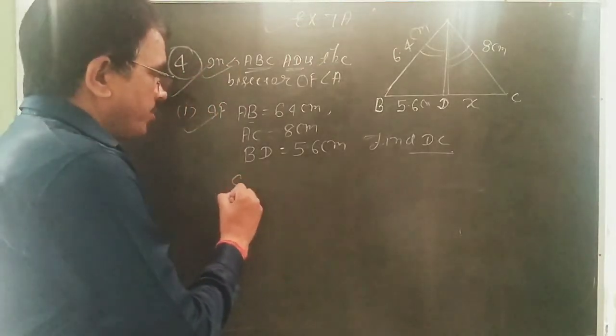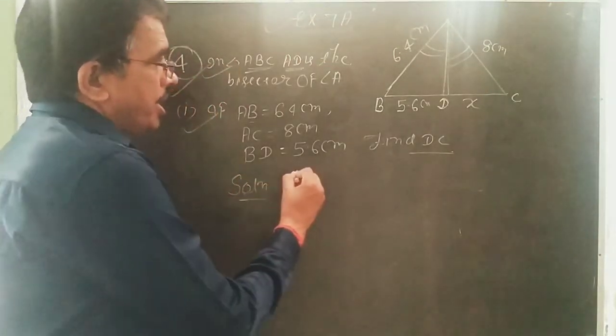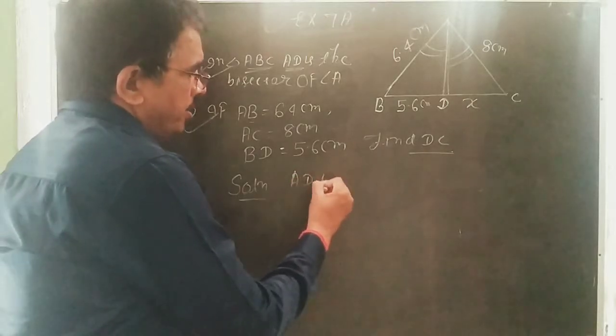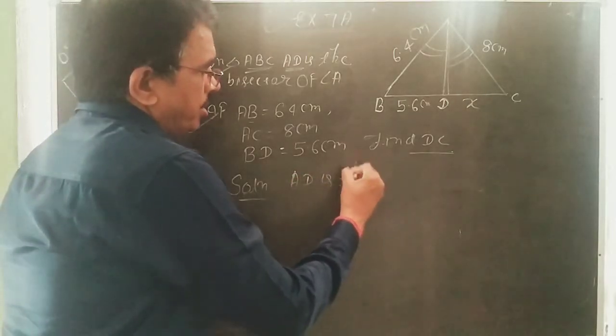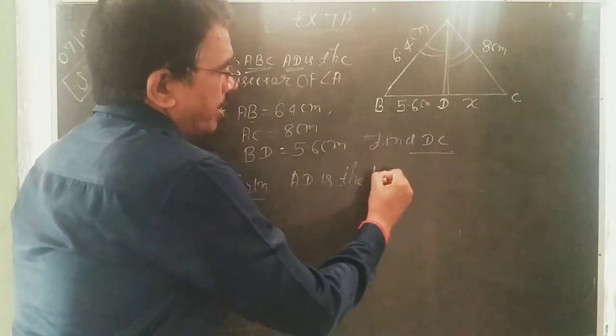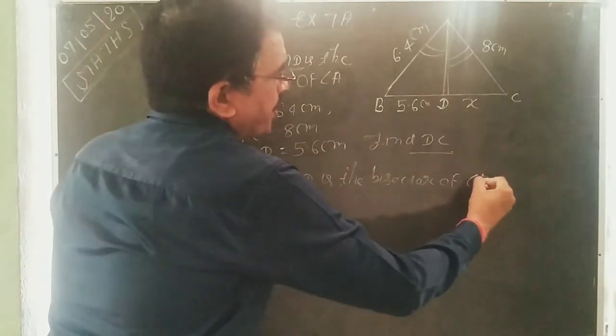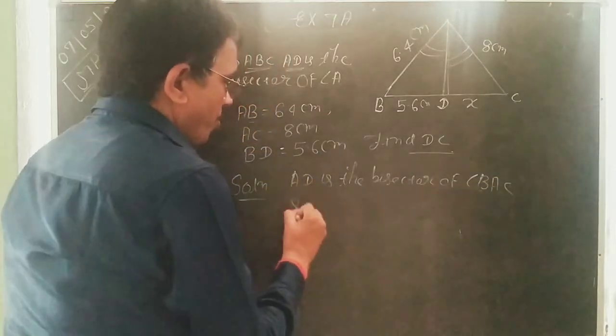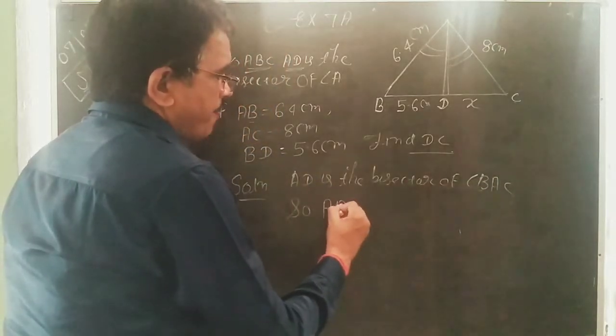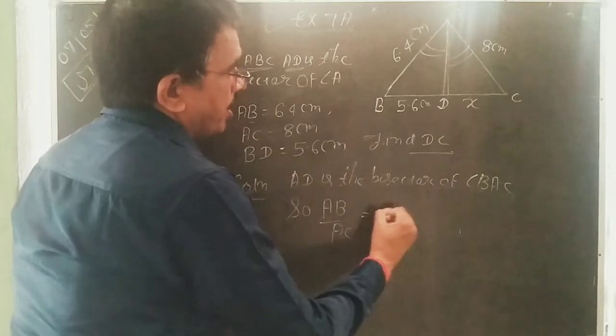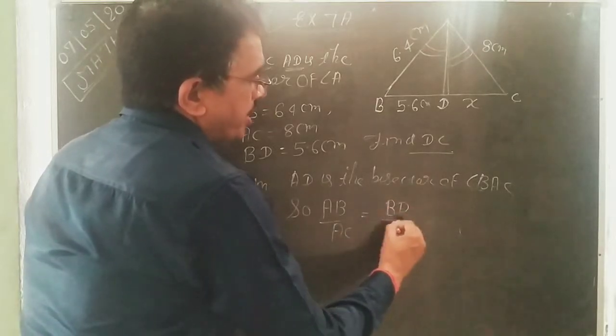So, in solution, you write AD is the bisector of angle BAC. So, AB by AC is equal to BD by DC.